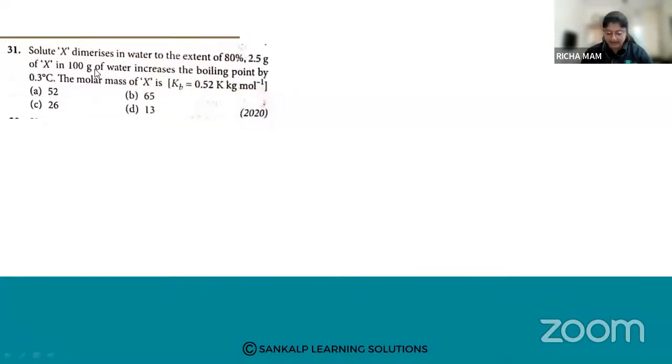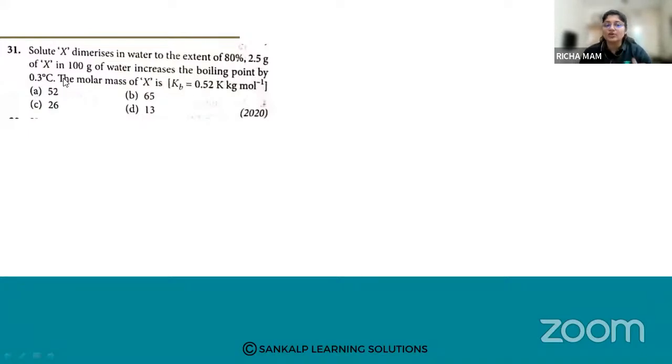Solute X dimerizes in water to the extent of 80%. 2.5 grams of X in 100 grams of water increases the boiling point by 0.3 degrees. The molar mass of X is? So here this is with respect to boiling point.